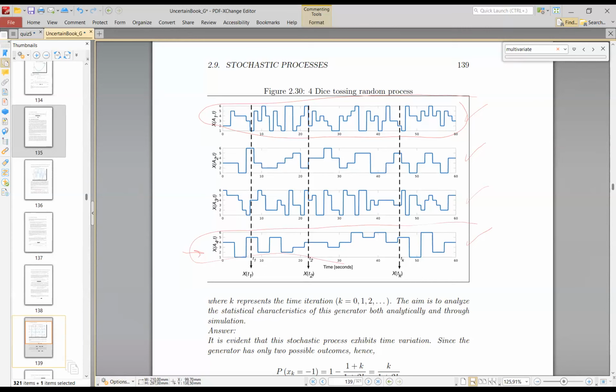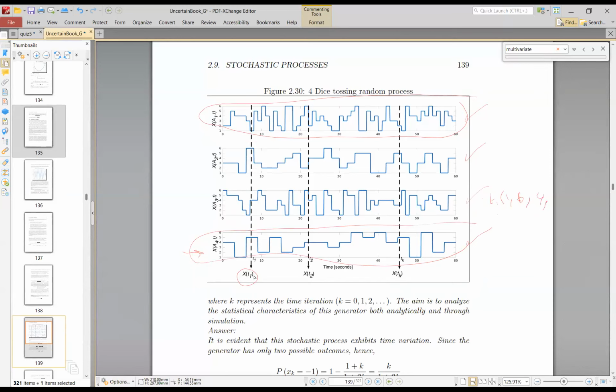For A1, for example, it is clear that it has a higher frequency or faster changes than the fourth one. Now if you specify the time, if you take a certain time, for example at T1, what you can see at T1 is that the outcome for the first one was 1. For A2, we have 6. At A3, we have 4.